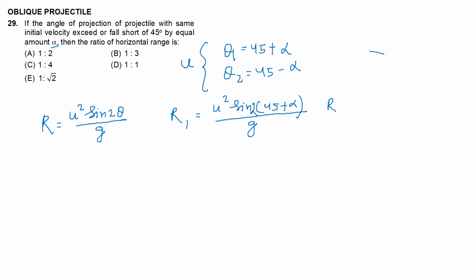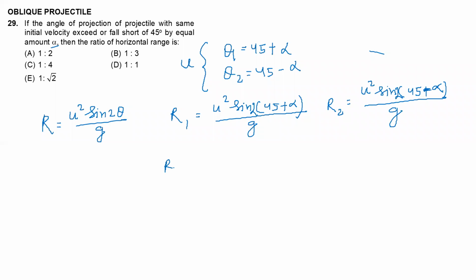Again R2 is equal to u square sine 2 into 45 minus alpha by g.